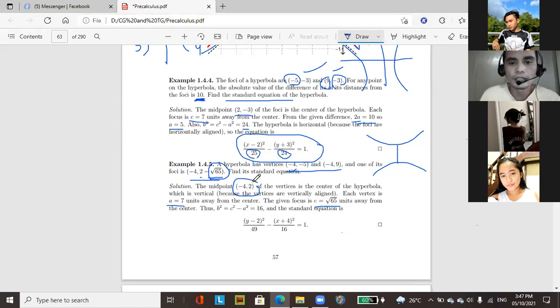We know that a squared is equal to 49, and using the relationship, b squared is equal to 16. So this is the standard form of the equation of the hyperbola. Any question?